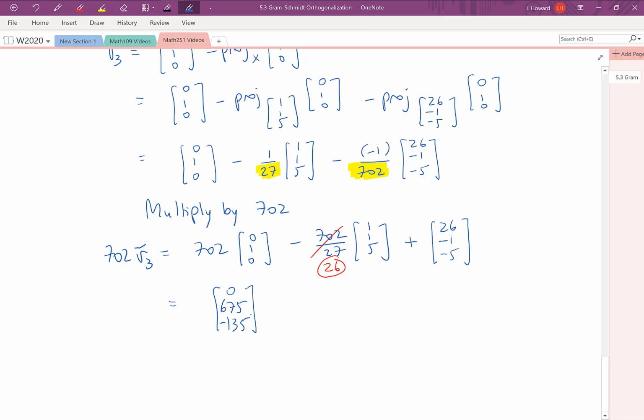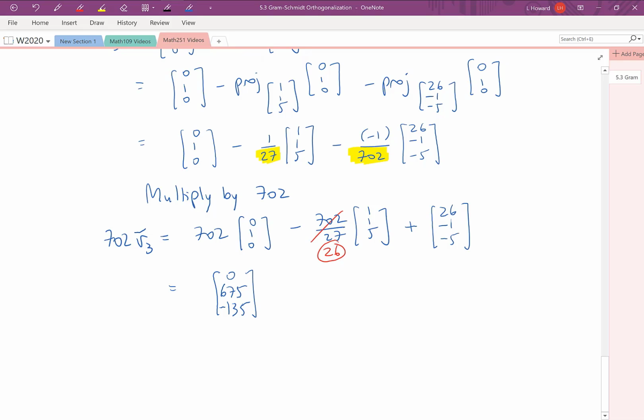At this point, you might notice something like, oh, all these components here are divisible by 5. So you could scale that down if you wanted. At this point, I would just stop and say it's easy enough just to write down our answer. So here's our orthogonal basis coming up. So we're looking back to the previous step.